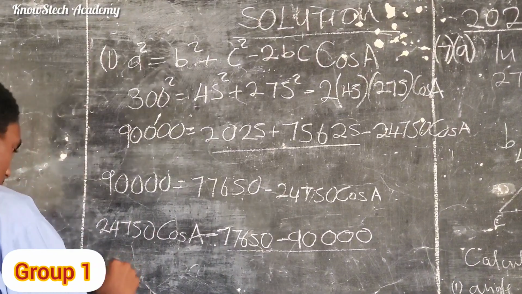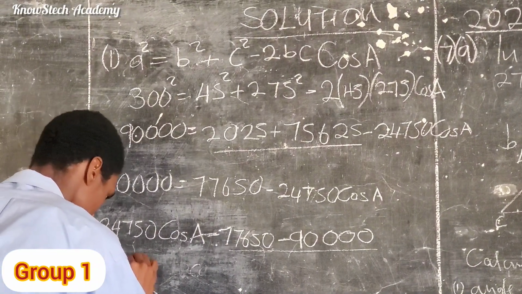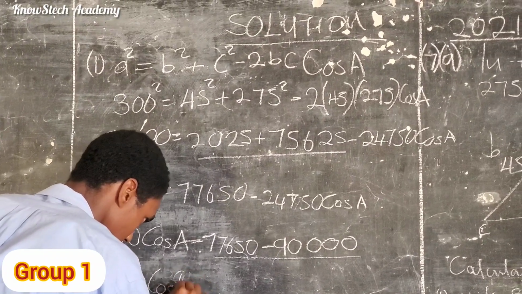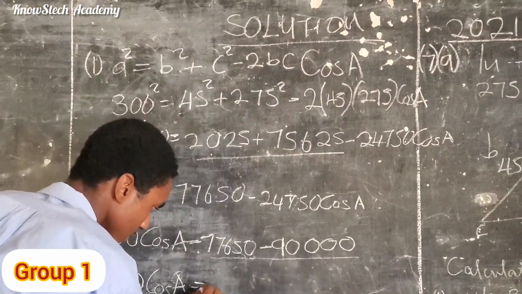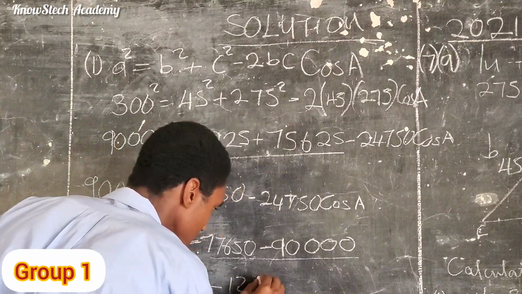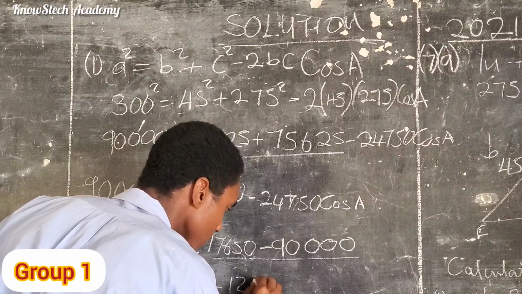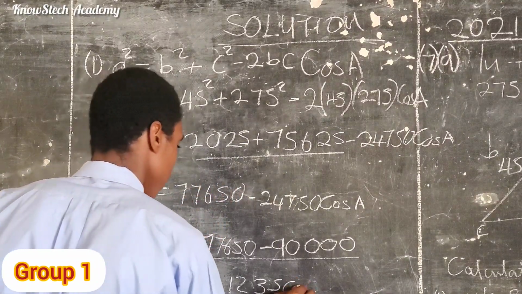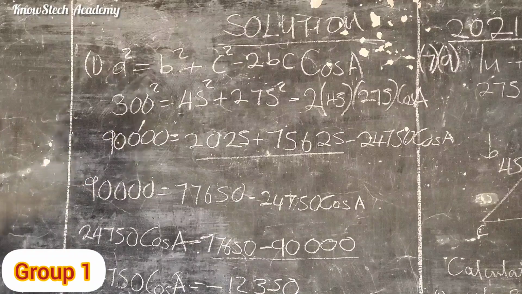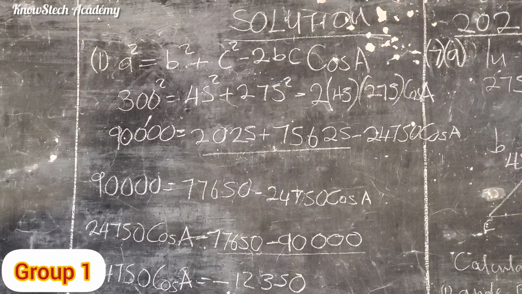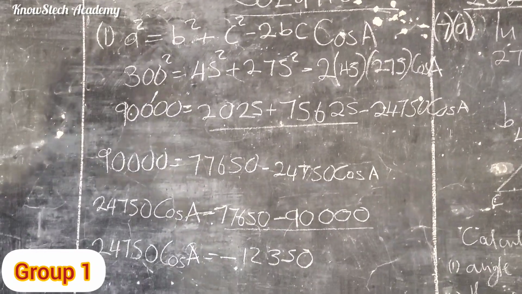This is giving us negative 12,350. Okay, both sides. Now, you know what we're going to do?